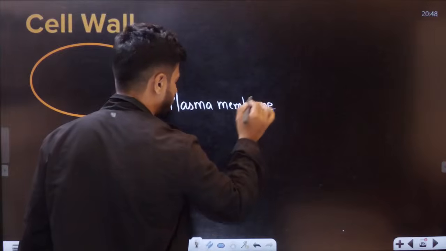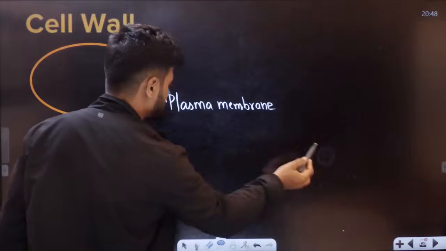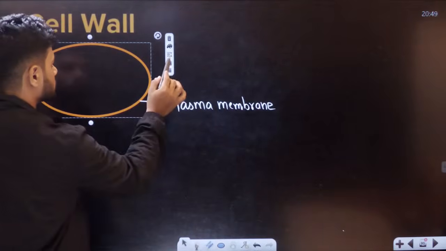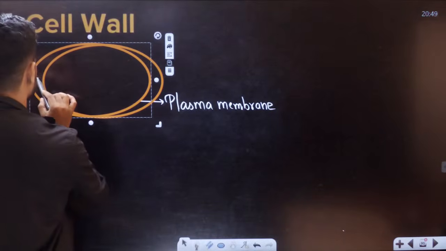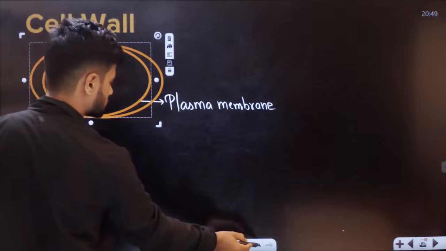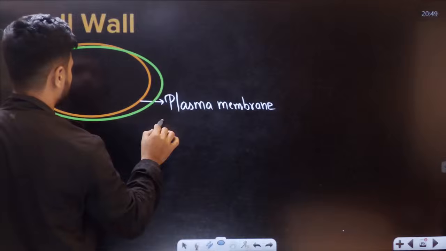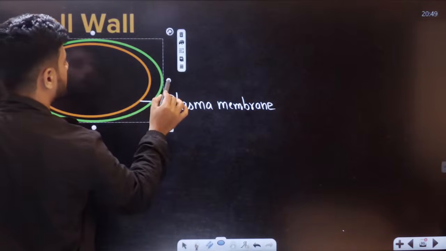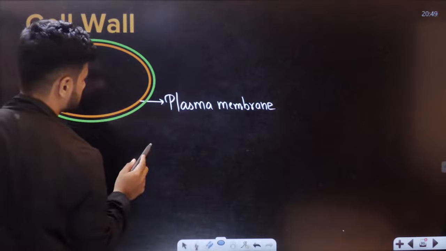Around the plasma membrane, students, we have something else. What do you call that? Around the plasma membrane, we have something called the cell wall.